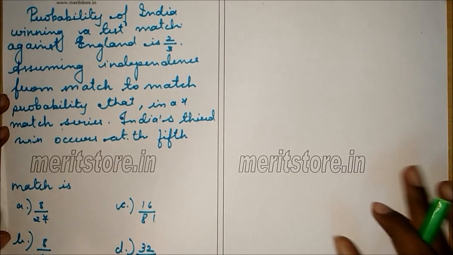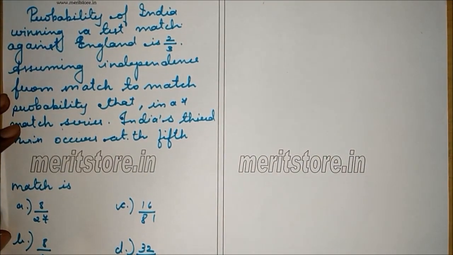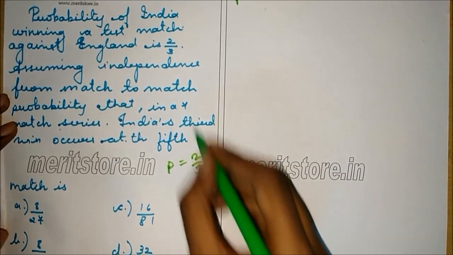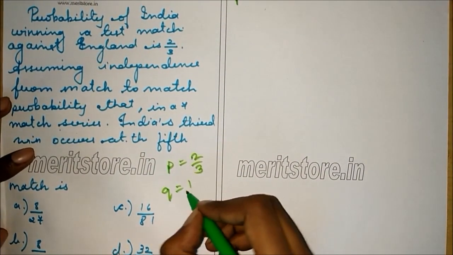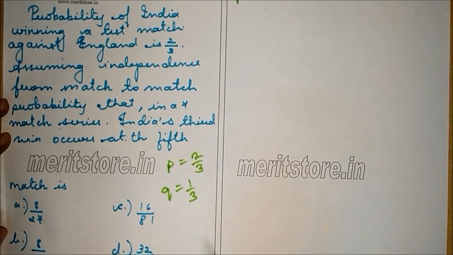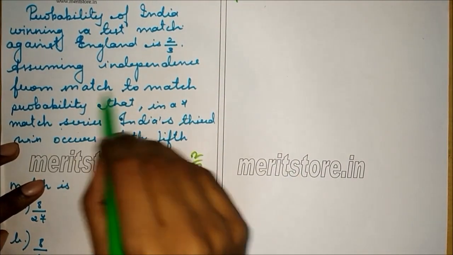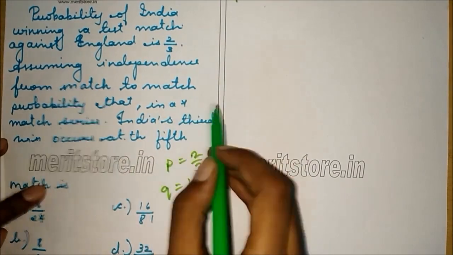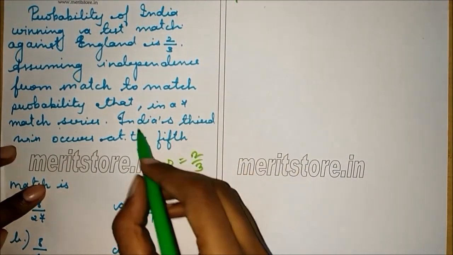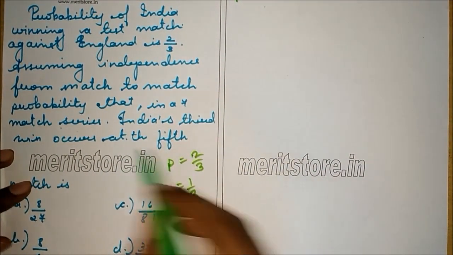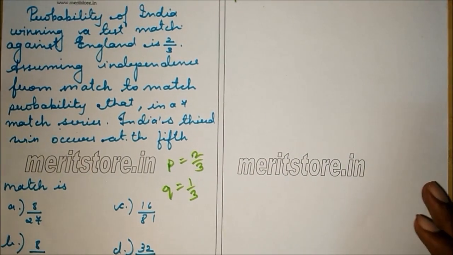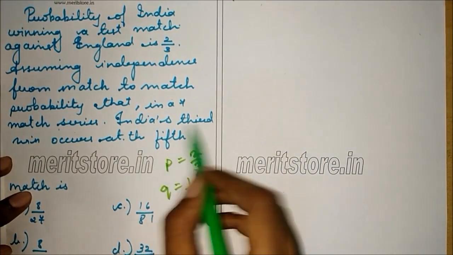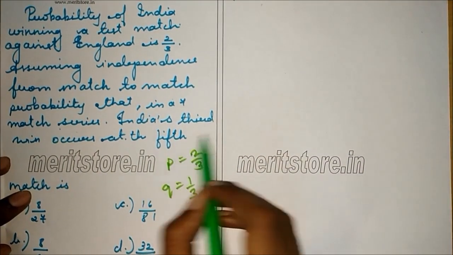Probability of India winning a test match against England is 2 by 3. So P is 2 by 3. So probability of losing is Q, which is equal to 1 by 3. So assuming independence from match to match, probability that in a 7-match series, India's third win occurs at 5th is.